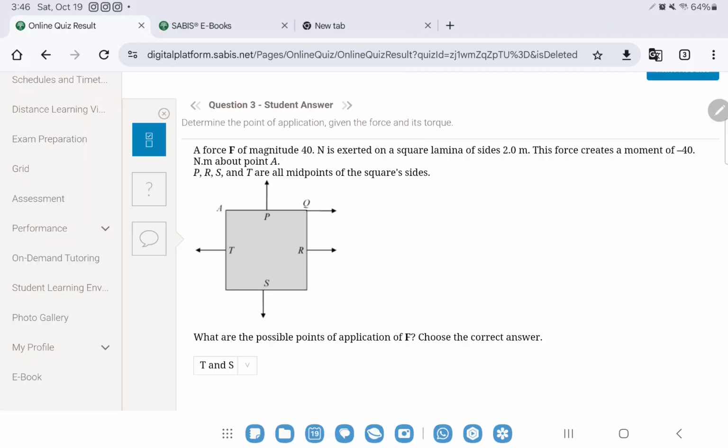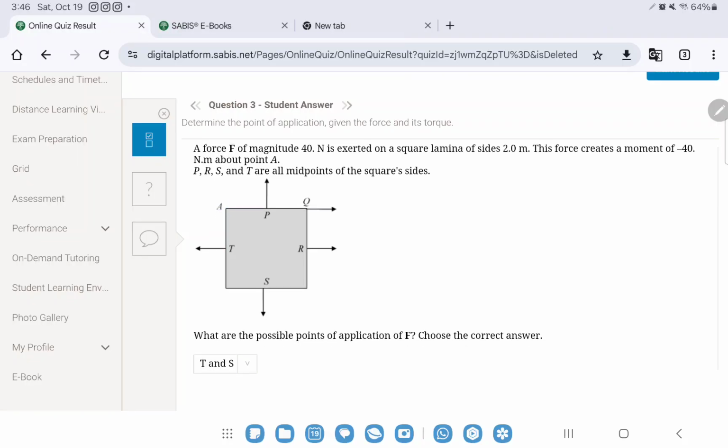So we're gonna hang it from our lamina. So let's imagine this is how we're hanging it. And there's your square. Anyways, so now with our square we relabel.